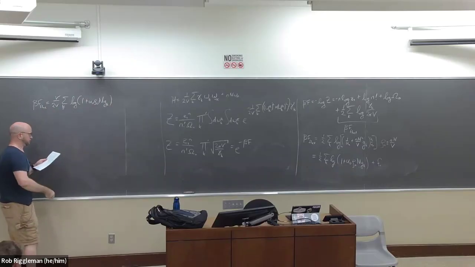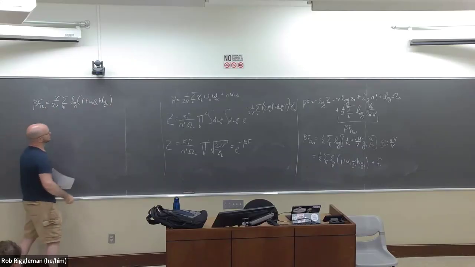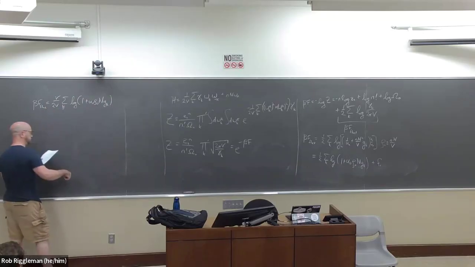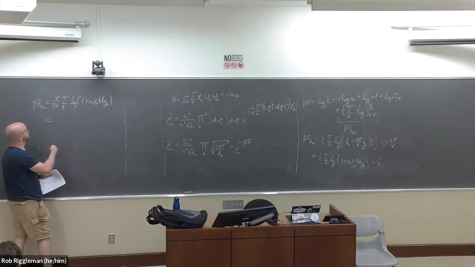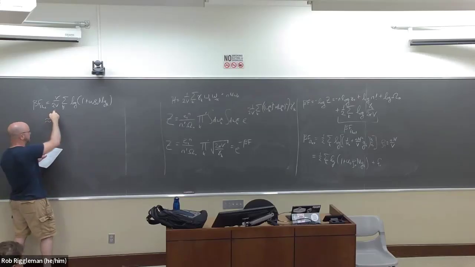Again, I'm sort of ignoring the f shift, and then we restore the continuum limit, and that's going to eat the factor of 1 over v.